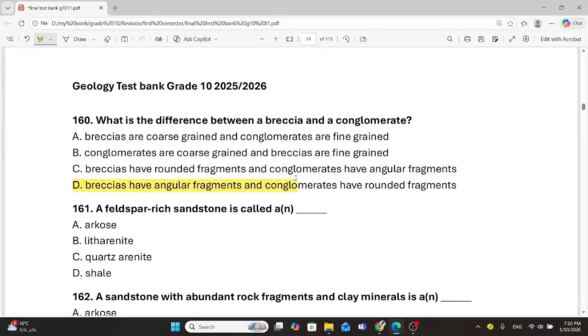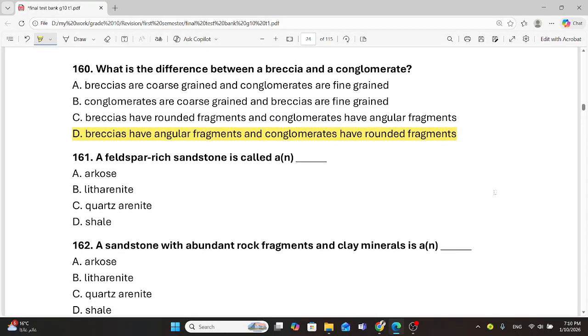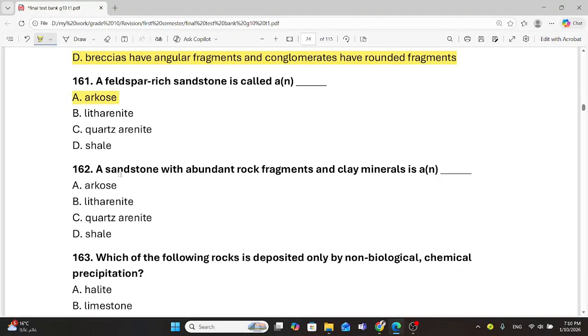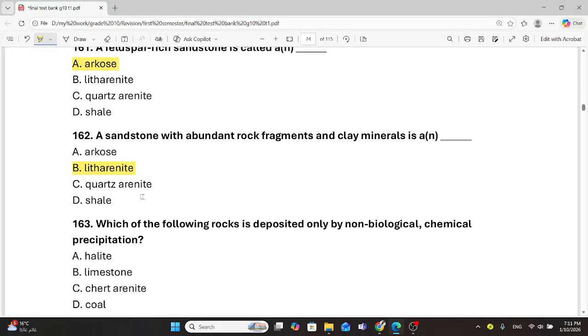Breccias have angular fragments and conglomerates have rounded fragments. لما قلت لك دايرة حواليه حاجات. Feldspar rich sandstone is called an arkose. A sandstone with abundant rock fragments and clay minerals is a or an lithic arenite.